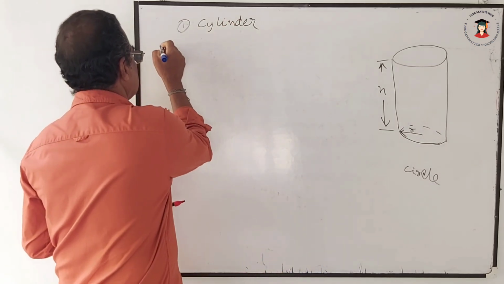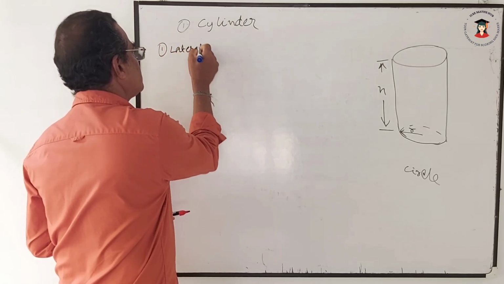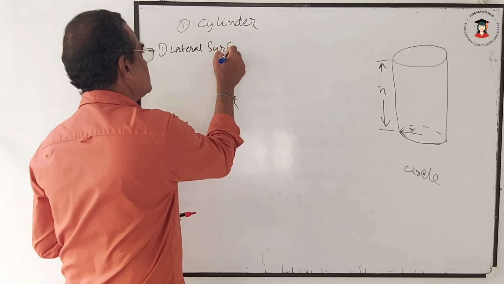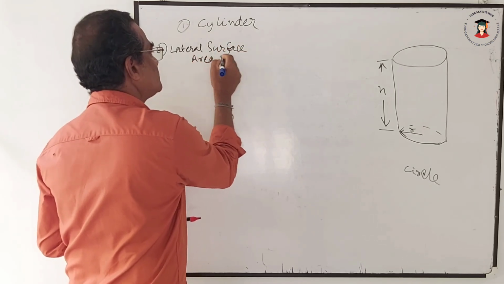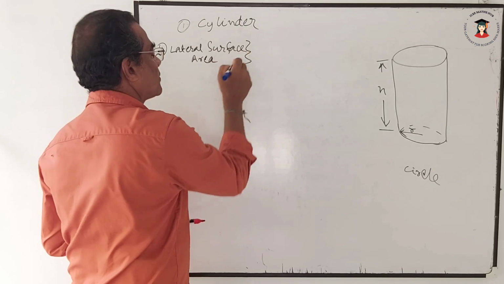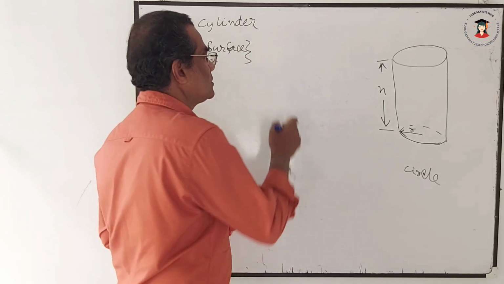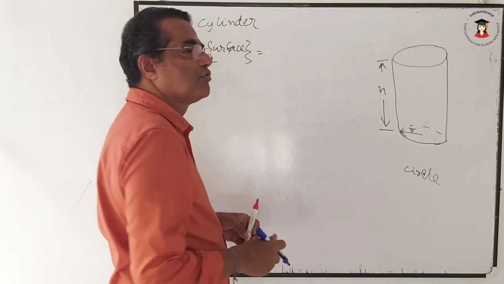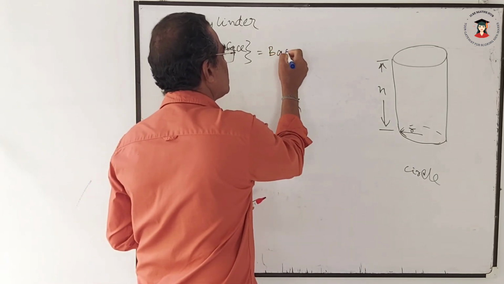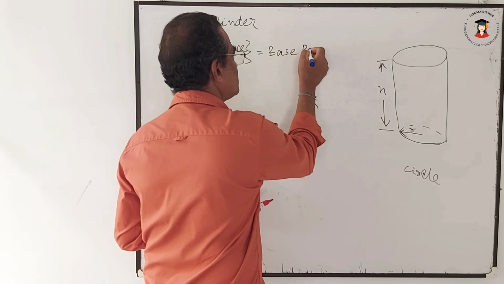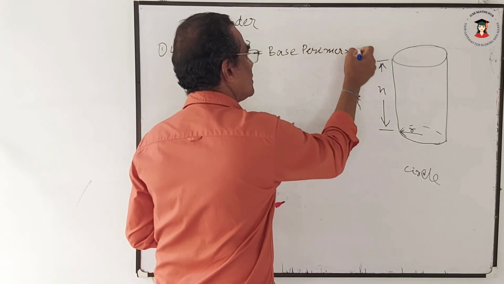So, lateral surface area. Lateral surface area can be found out by a formula: base perimeter into height.